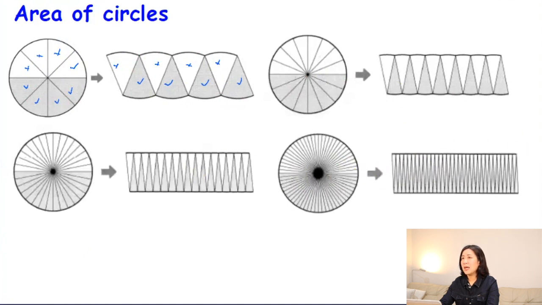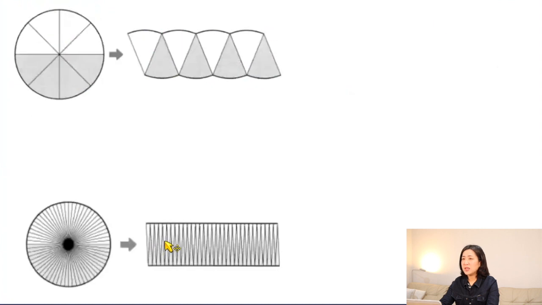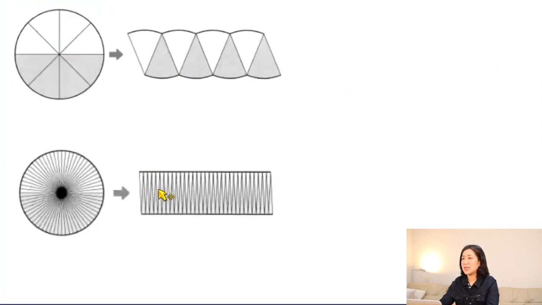Now I cut this into really small pieces and rearrange them in the same way. What you can discover is that the circle turns into a rectangle. So instead of finding the area of a circle, we can calculate the area of a rectangle, because we already know how to do that.